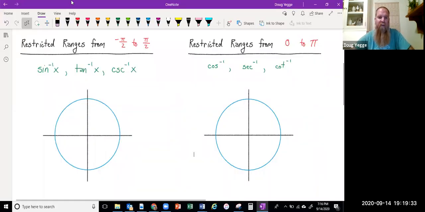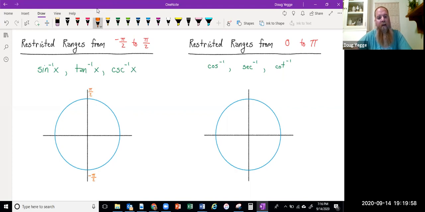We actually have two different ranges depending on what inverse trigonometric function we're calculating. So for the intervals for our outputs to be from 0 to pi, we're only going to get those values for cosine, secant, and cotangent. So if we take a look at what that means, -pi/2 is down here, and pi/2 is up here.